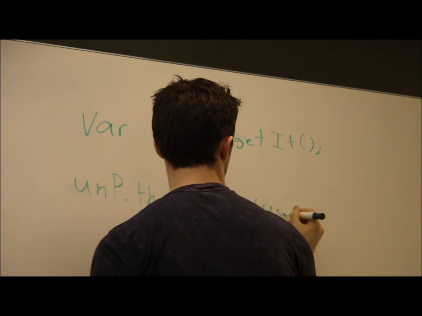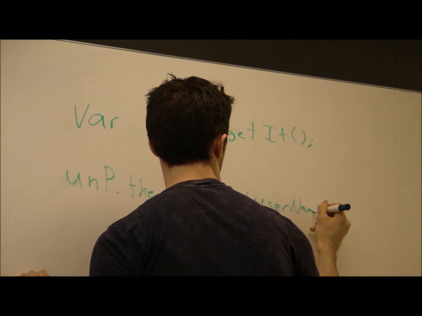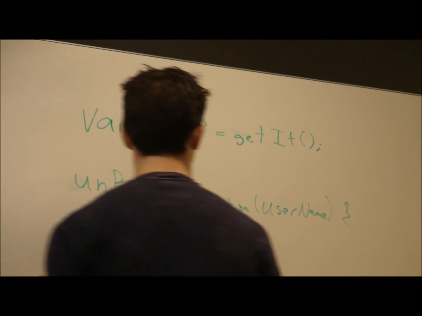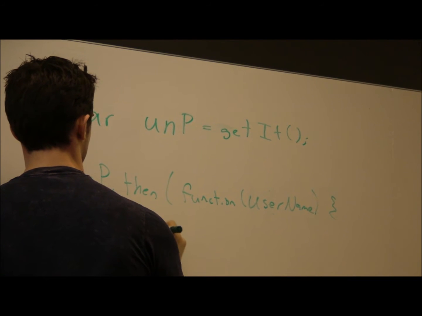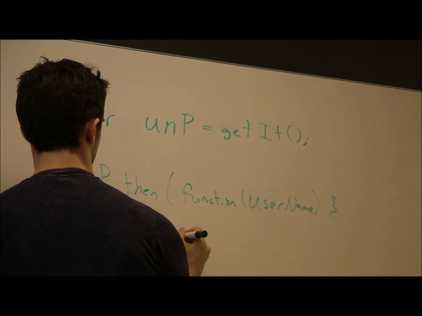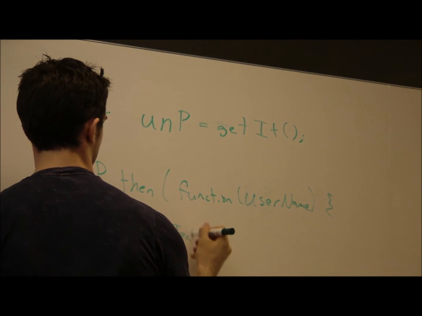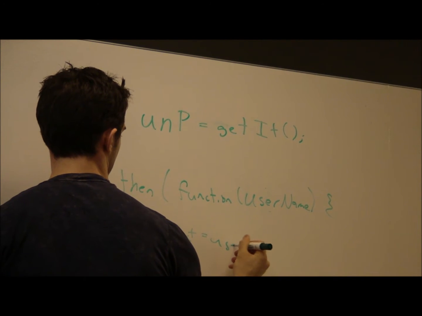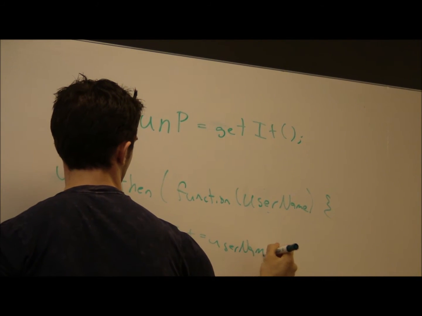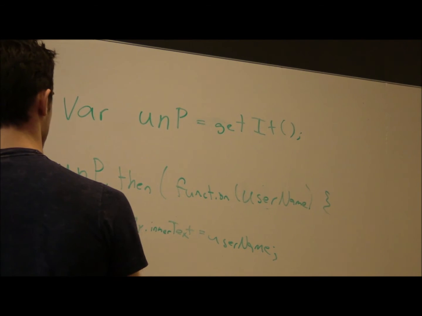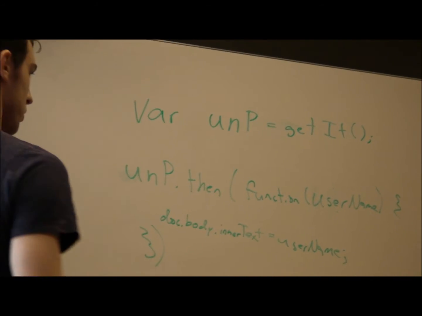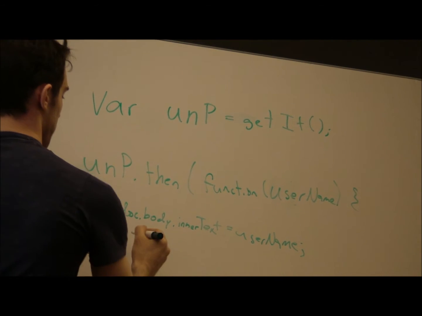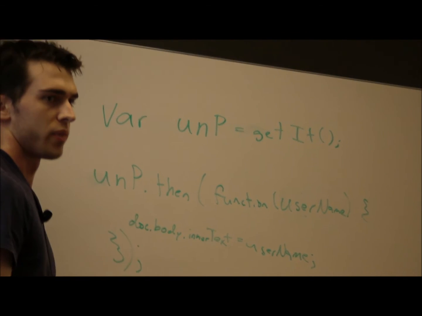And then you're going to say document.body.innerText = username. Because inside here, you have access to the string, right? Just like inside there, we have access to the user object. So that's how you unwrap things.